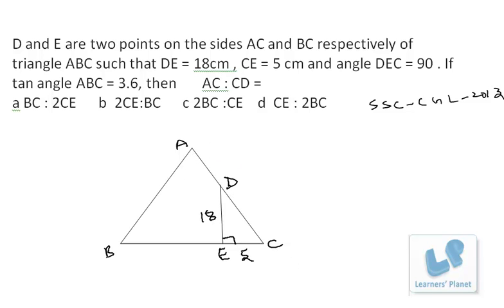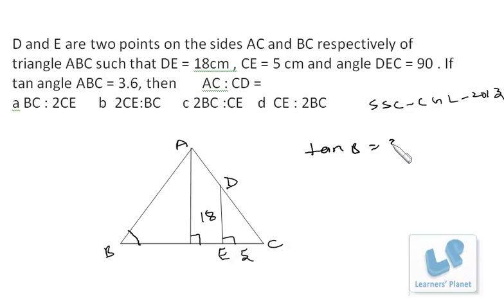That means we need to draw one more line over here that will be parallel to line DE. Okay, so this also 90 degree. Now tan B is given to us as 3.6, right?